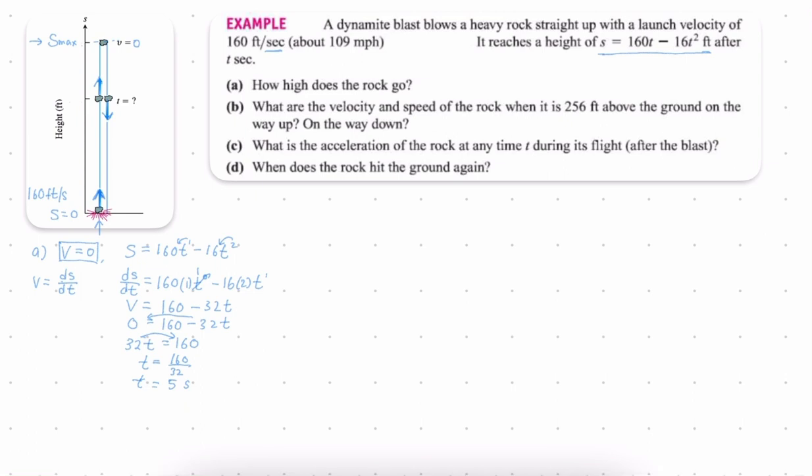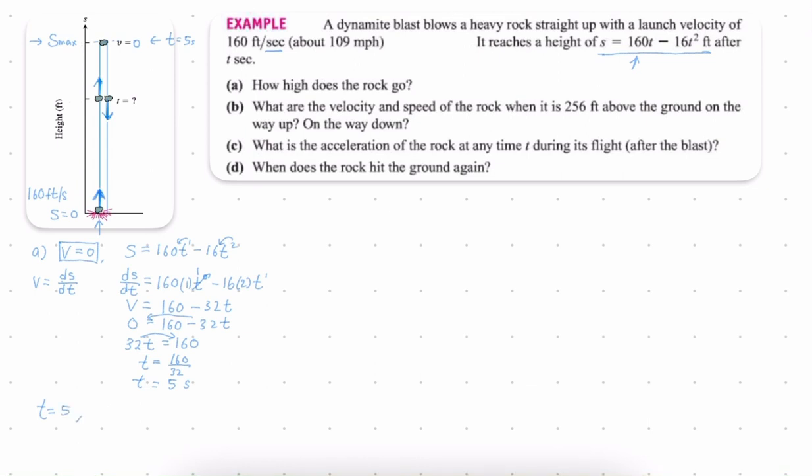So we understand that at this level, the time is 5 seconds. If we want to find the position or displacement, how high the rock goes, we can use the equation for s, because t is already known as 5.